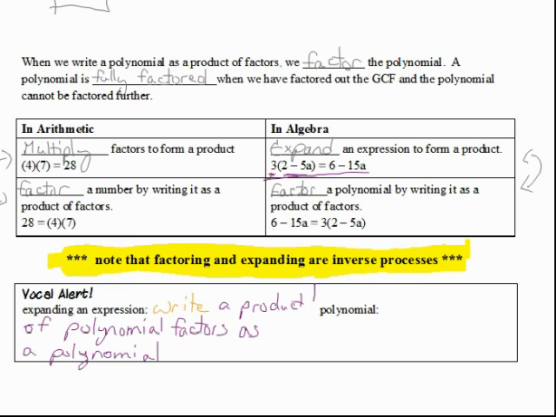And just as a reminder, what is a polynomial? A polynomial is an expression made up of one or more terms. So 6 minus 15a is a polynomial. 2 minus 5a is a polynomial. 3 is technically a polynomial as well.